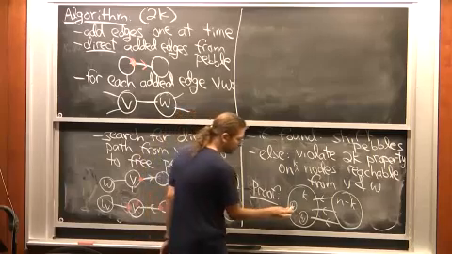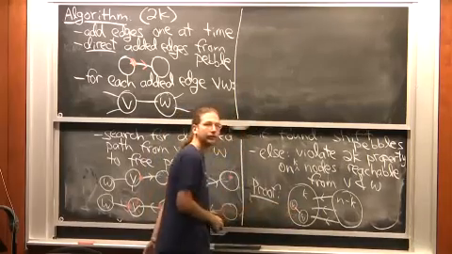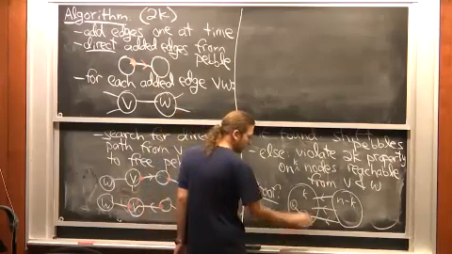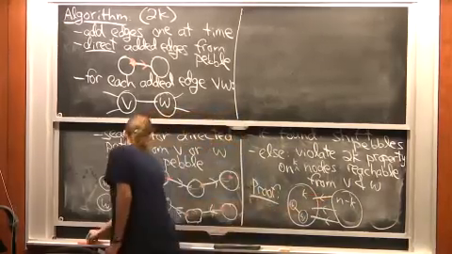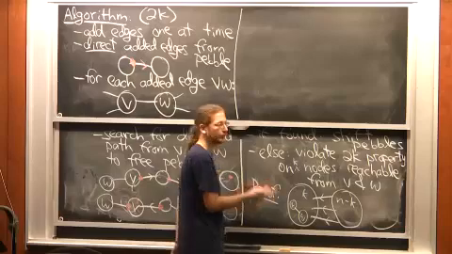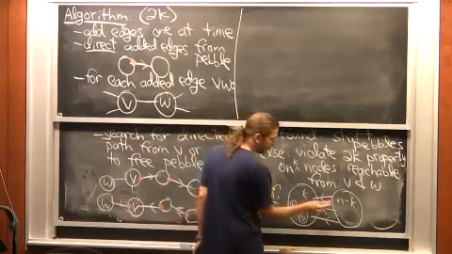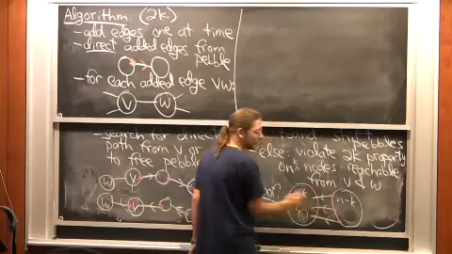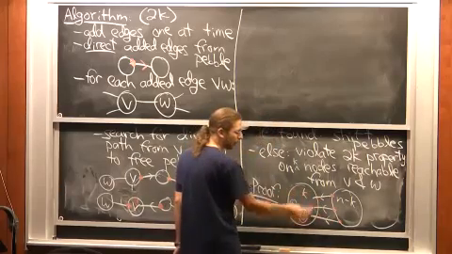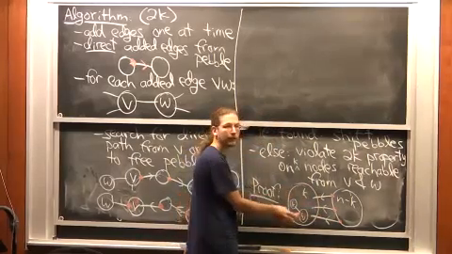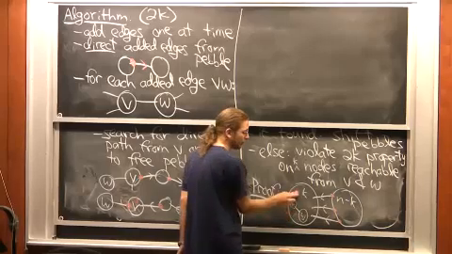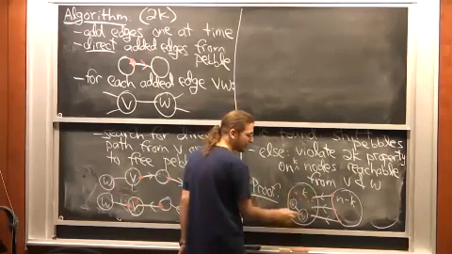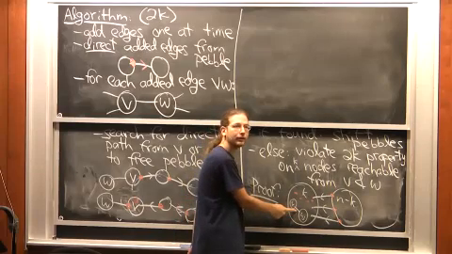Okay, so what's the situation? VW is uncovered. There's no pebbles that cover it. Every other edge is covered, because there's only one uncovered edge at any moment. These edges are all covered from this end. That's what these directions mean. Which means all the pebbles in here are used to cover induced edges, and yet there's one induced edge that is not covered.